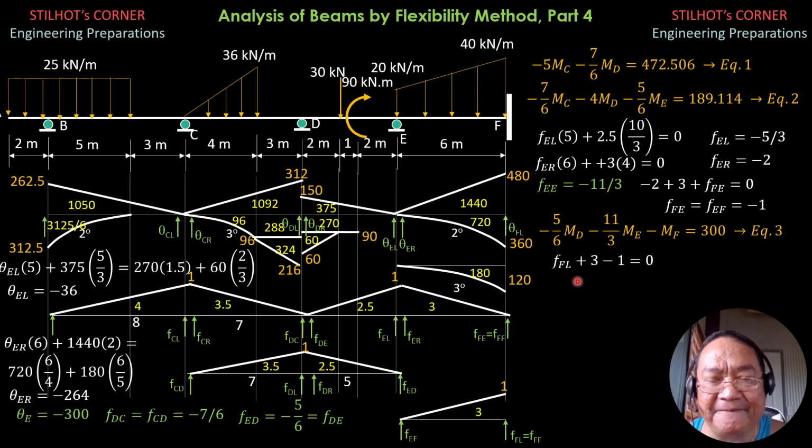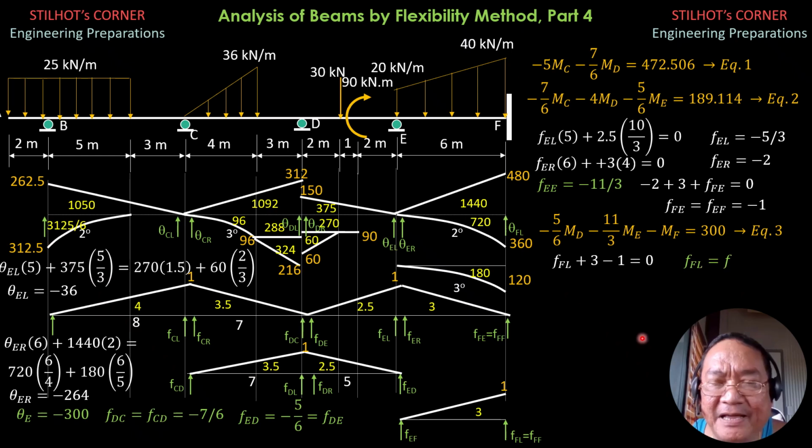So first, theta E left times FF left. FF left is 1 plus 3 plus FEF, which is negative 1. So FF left plus 3 area plus FEF, which is negative 1, equals 0.